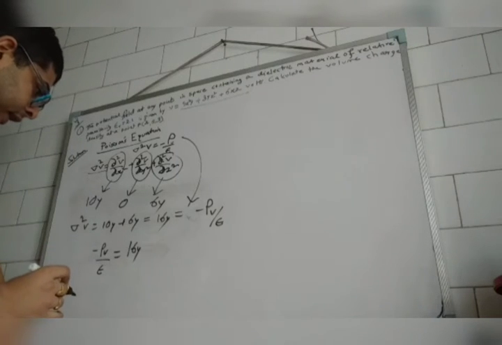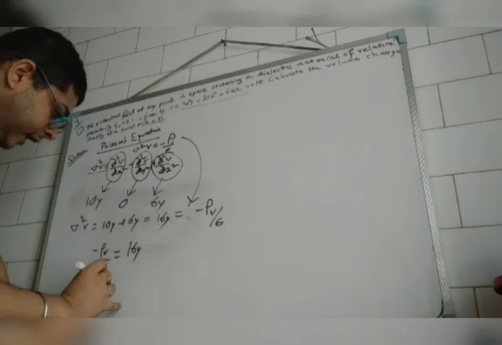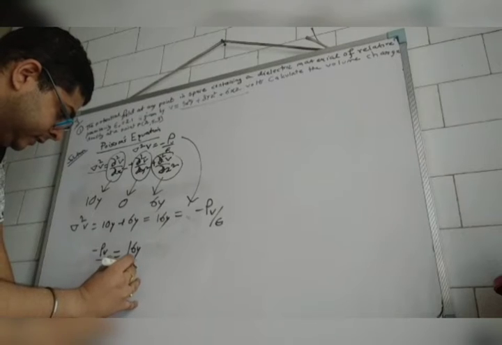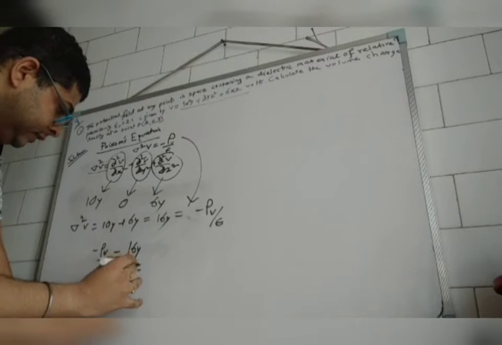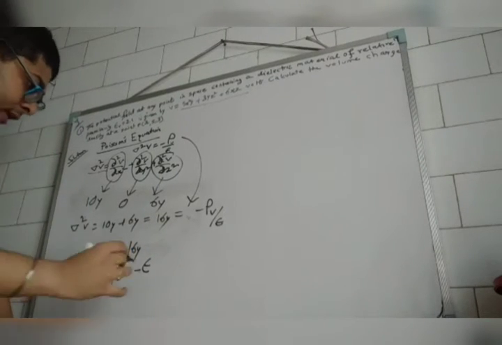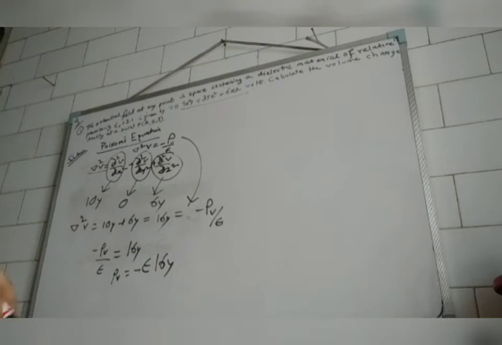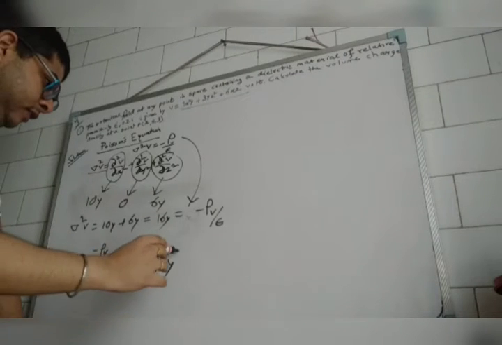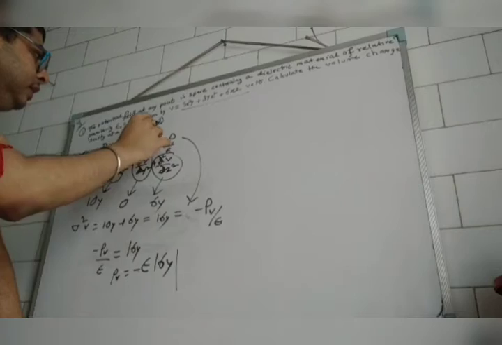And you can see that from here I can write rho V as minus epsilon times 16y. Now let us see. We need to calculate the volume charge density at this point.